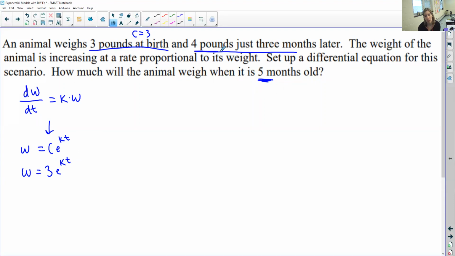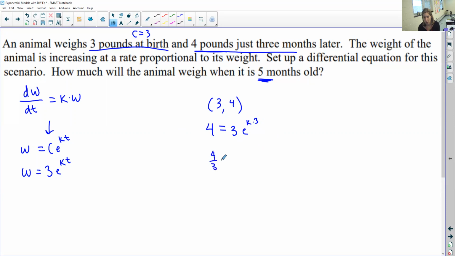But they did tell me a point. They told me that at time equals 3, the animal weighs 4 pounds. So we're going to use this piece of information to find the value of k. I'm just going to plug it in. So 4 equals 3e^(k times 3). I'm going to solve this equation for k, because now k is our only unknown.